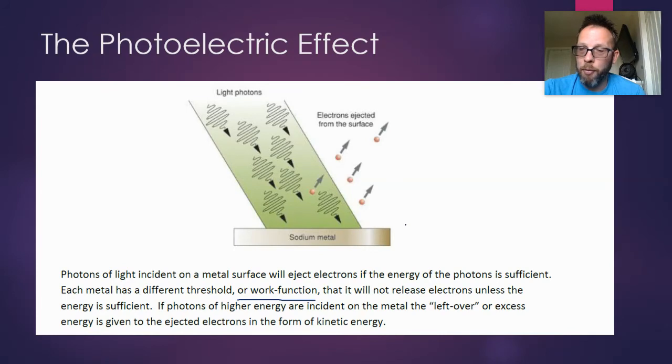Every metal's threshold we give the name work function, and we'll talk about it in a second. Unless the frequency matches that work function, it's not going to release electrons. And if photons of higher energy are incident on the metal, then that extra energy is released in the form of kinetic energy of those electrons, and you get a current.